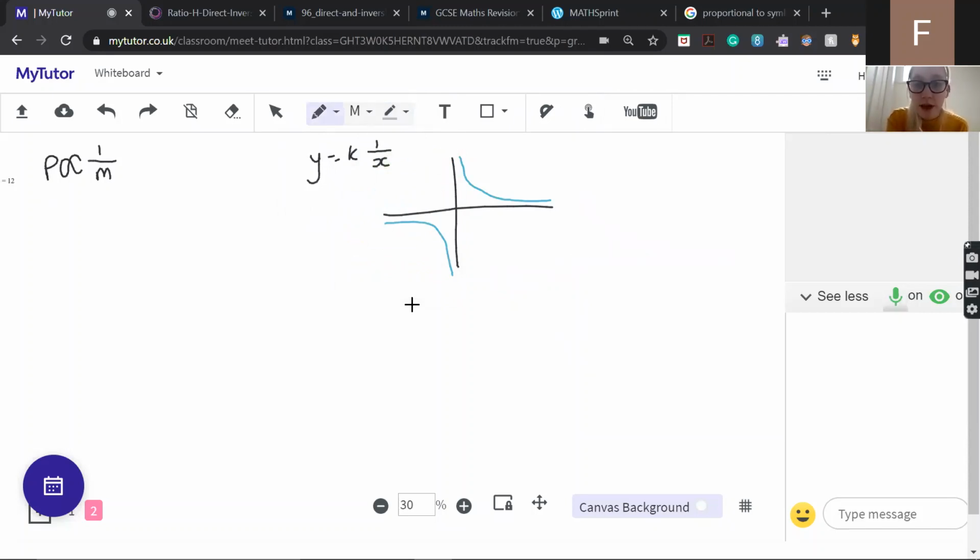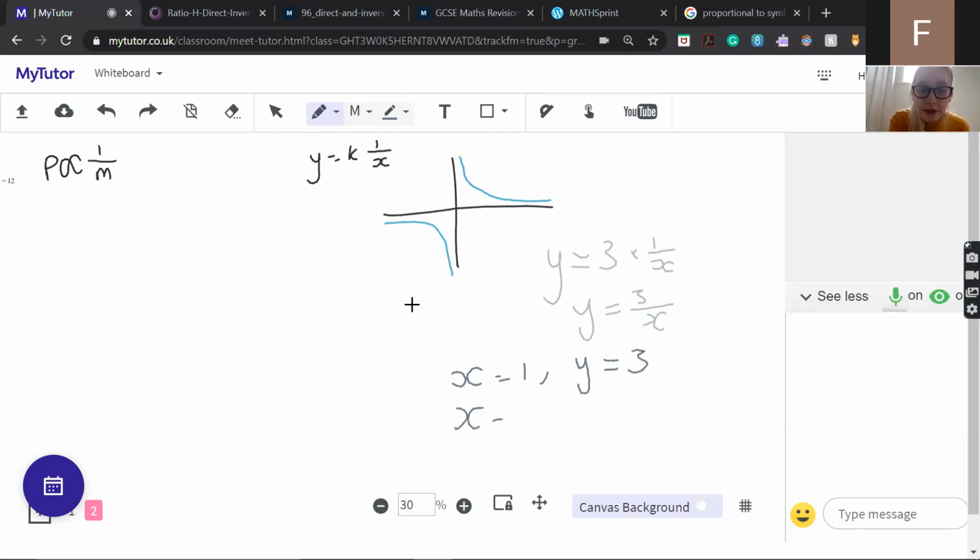So let's say y equals, what should we go for? Let's go for 3 again. 3 lots of 1 over x, which you can just write as y equals 3 over x. So this is this graph, but a bit stretched or something. So let's think about some values. When x is 1, y is 3.